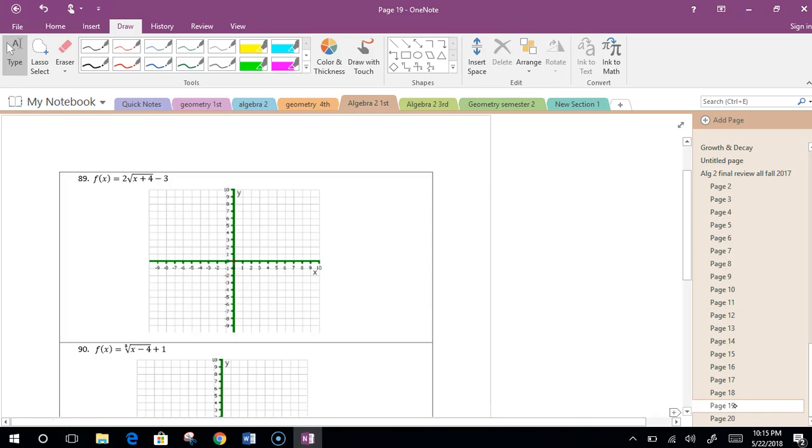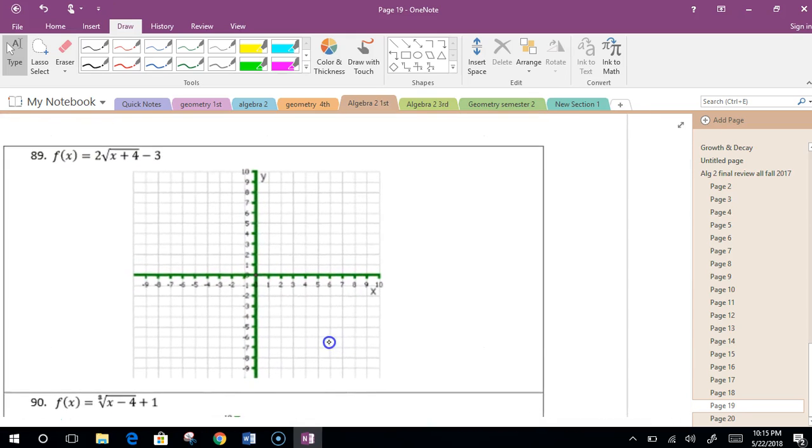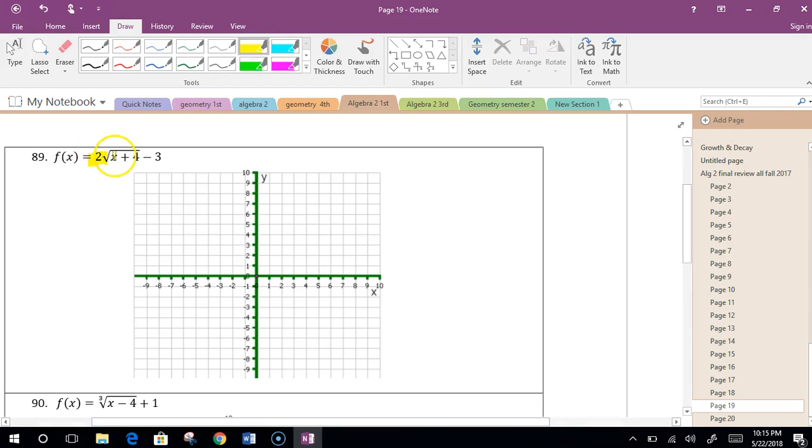As we keep going through here, again, this time we have the multiplier out front. We've got the multiplier, and we've got a vertical shift, and we have a horizontal shift in here.